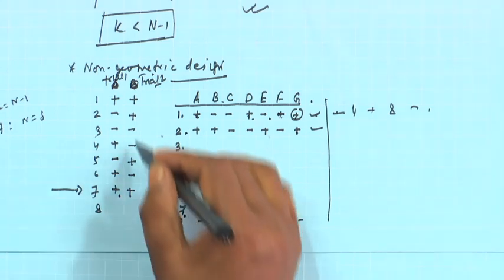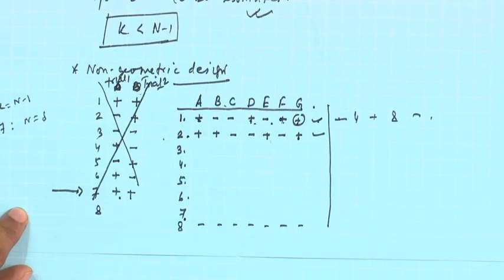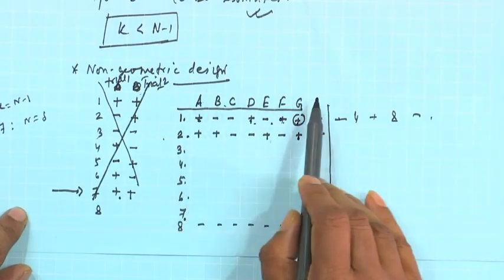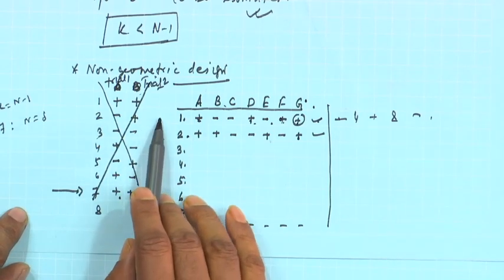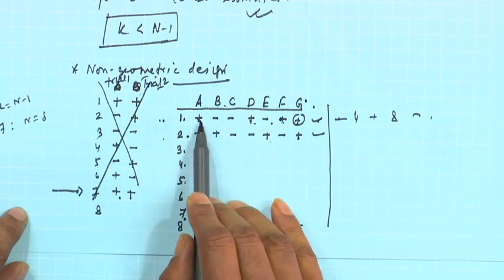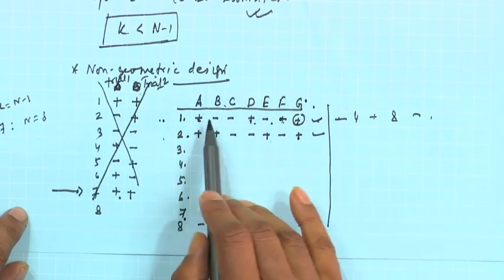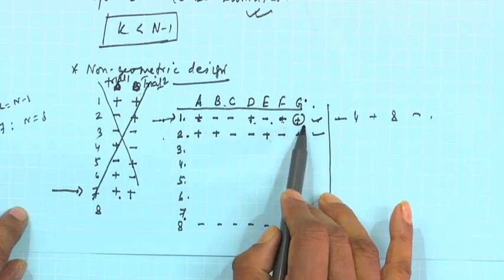Let me repeat, forget about this, there are some notation difficulties. You have 7 factors, you start with trial 1, that means the first experiment, and you are keeping the factors either positive or negative. Suppose this is a start.